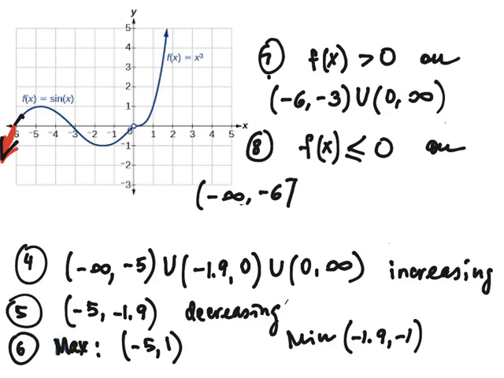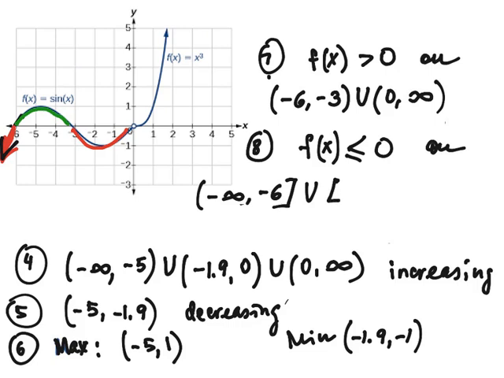Okay, now I'm going to include the -6. Why? Because it says or equal to 0, and at x equals -6, the y value is 0. So that's why I'm including that point. And union. And let's see what happens then. We already discussed this bump, you see, it's above the x-axis, so the y value is positive. Okay, now look here, between -3 and 0, your graph is below the x-axis, and each y value is negative.